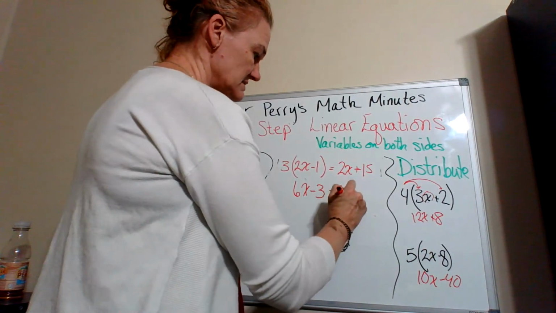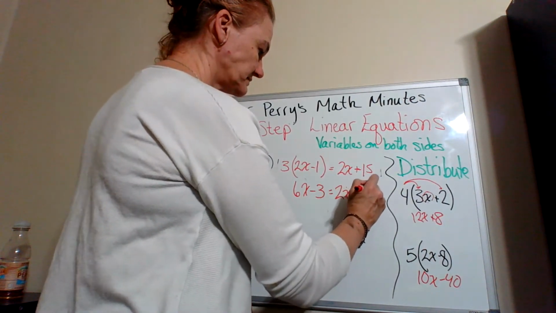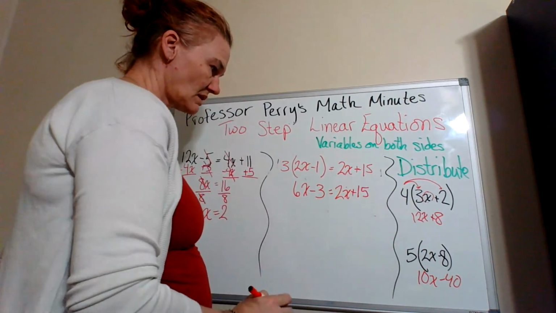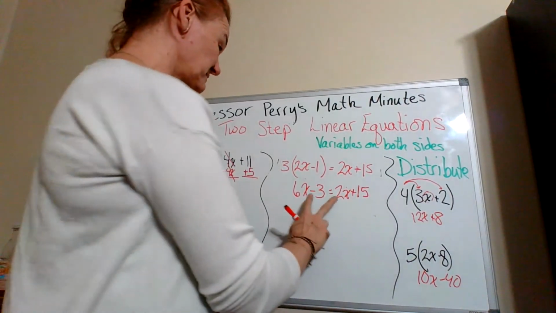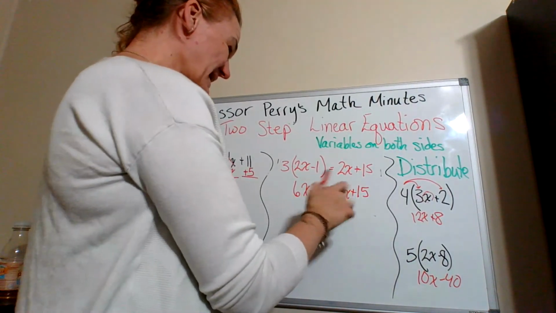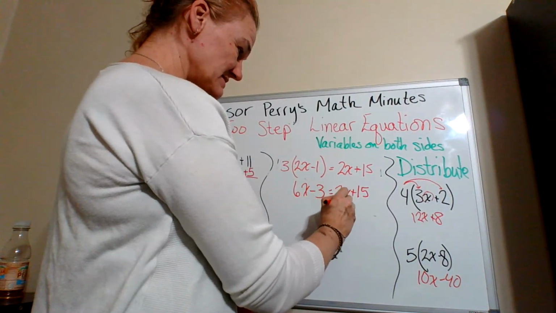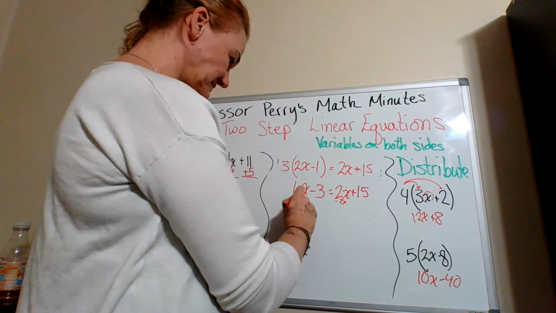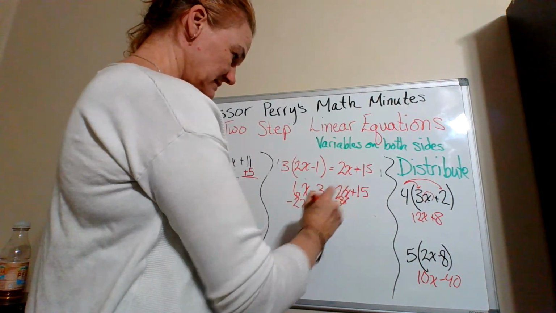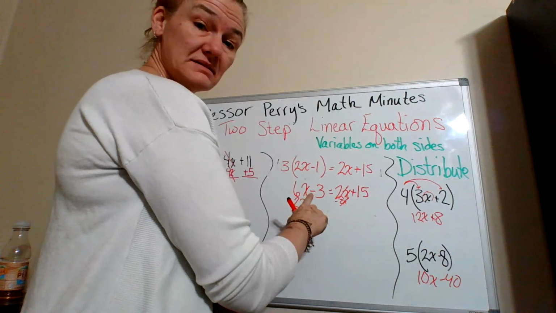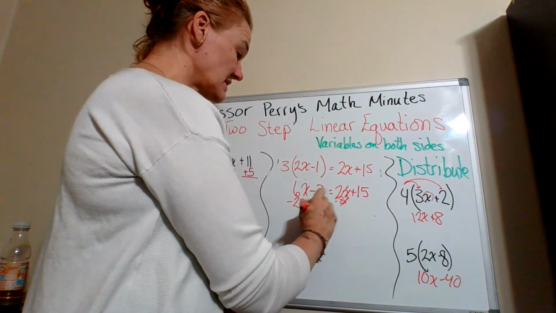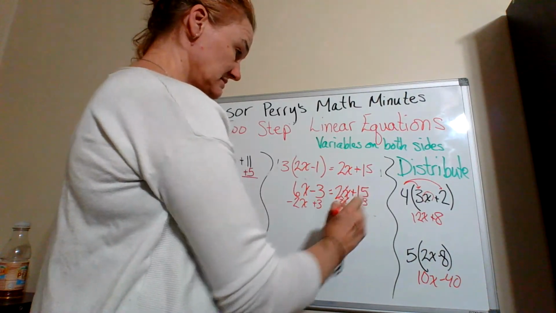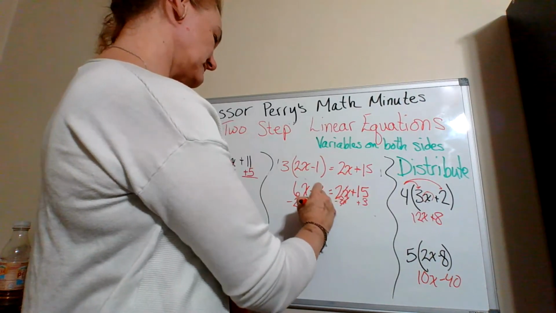Then I have this on the other side. This is going to be messy. Okay, so I'm going to subtract my 2x, right? That gets rid of that. This is minus, so I'm going to add 3. Do not forget to do the opposite. Well, this might come out nicely.